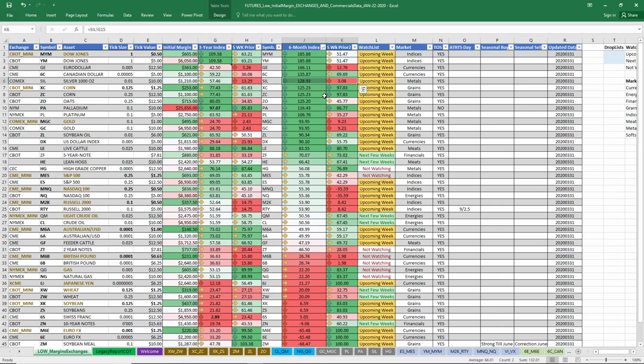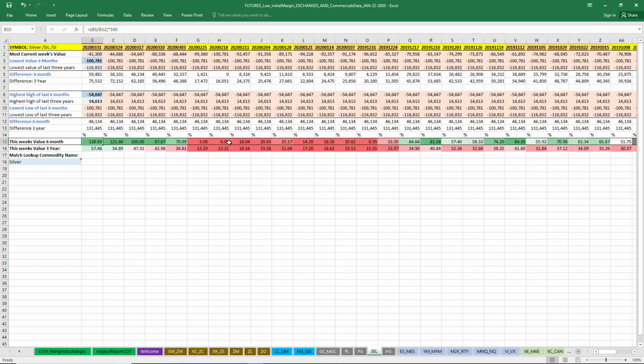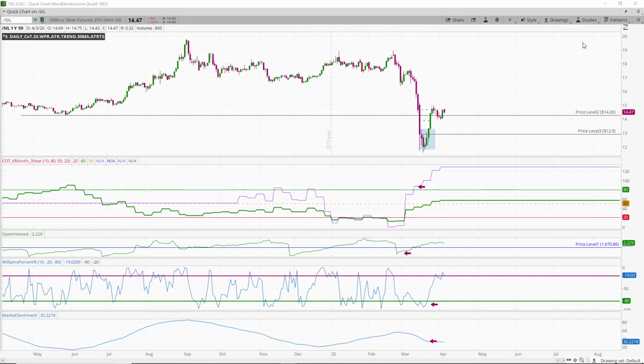Silver is still looking really bullish from the standpoint of commercial interest. Looking really good. About a 2-month period, and when comms are this bullish on silver, I gotta think that this is really good news. It appeared to be good news.